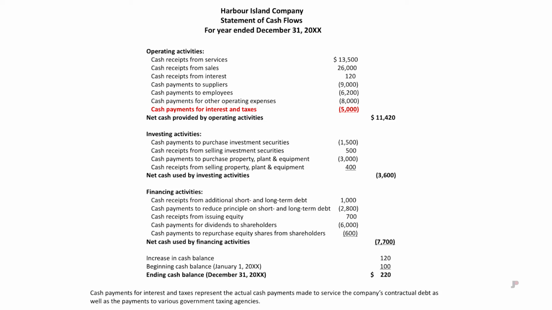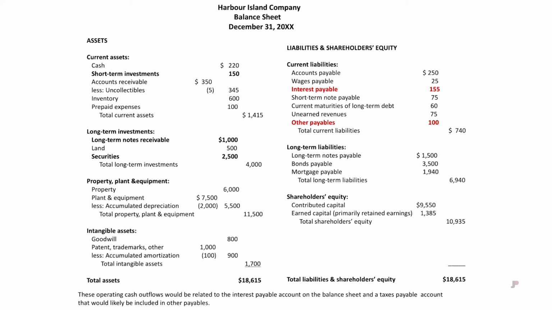Cash payments for interest and taxes represent the actual cash payments made to service the company's contractual debt, as well as the payments to various government taxing agencies. These operating cash outflows would be related to the interest payable account on the balance sheet and a taxes payable account that would likely be included in other payables.